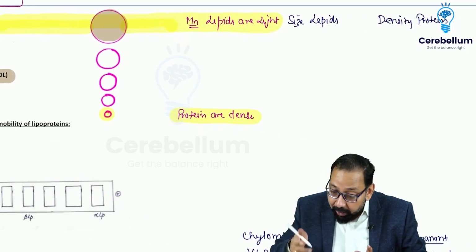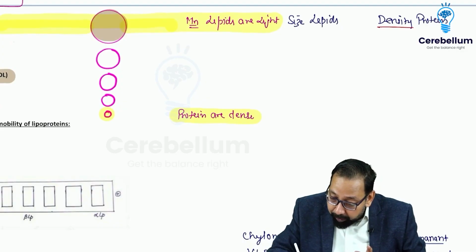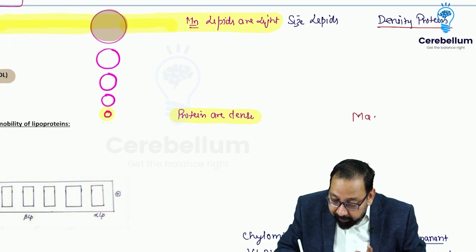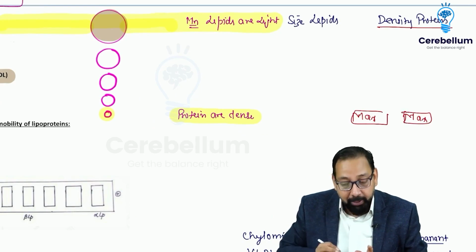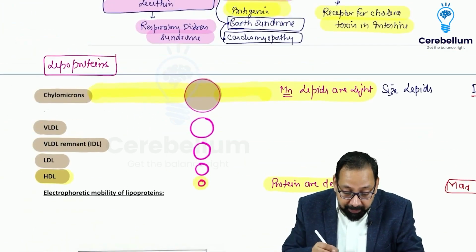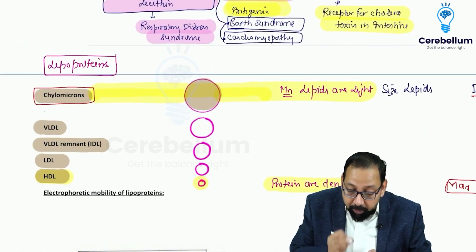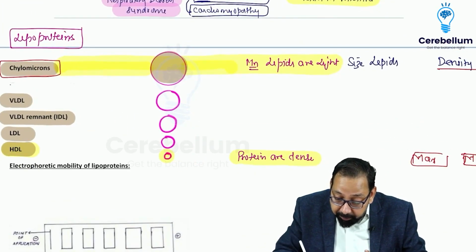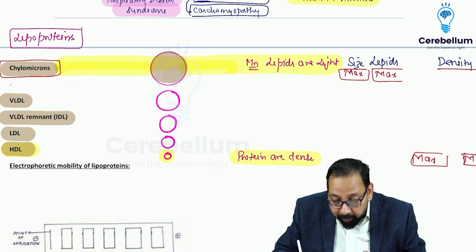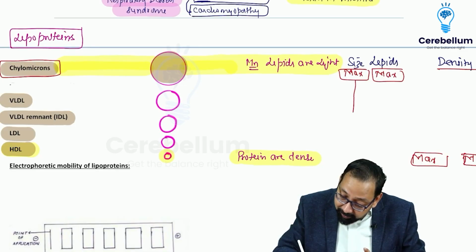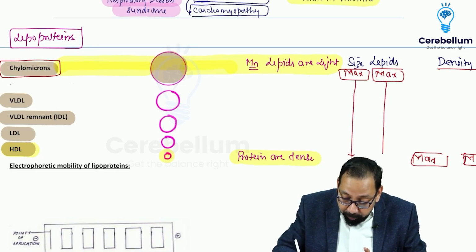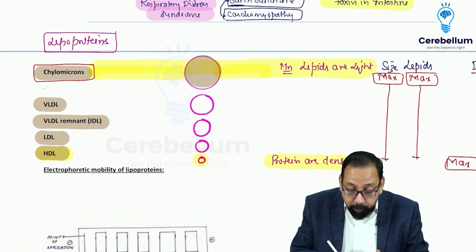So we can say density and protein are maximum in HDL, and minimum in chylomicron. Size is maximum in chylomicron and lipid is maximum in chylomicron. So you can say size decreases when you go from chylomicron to HDL.